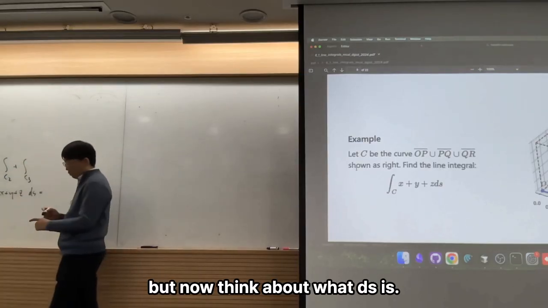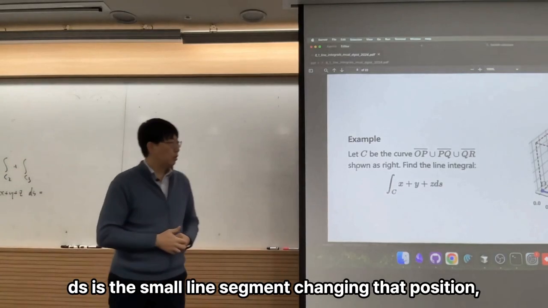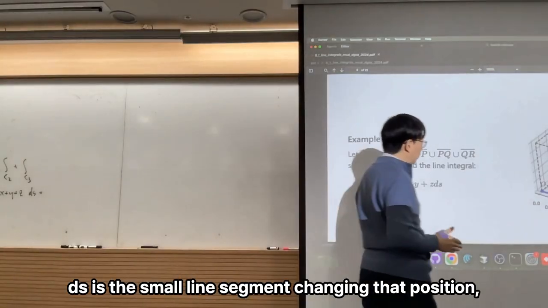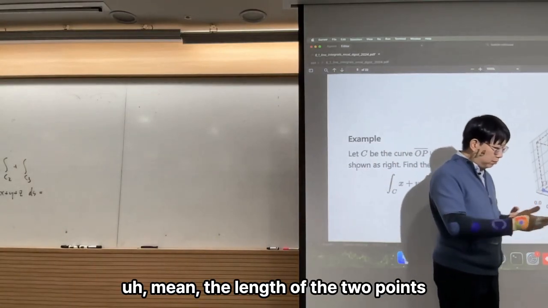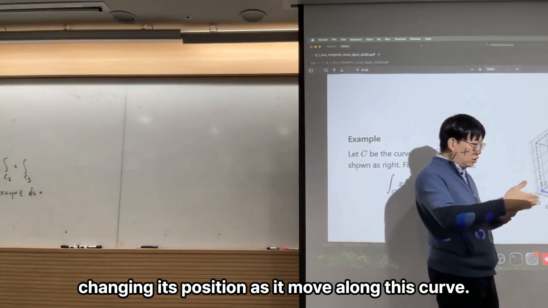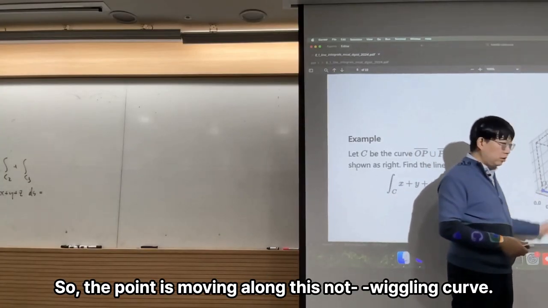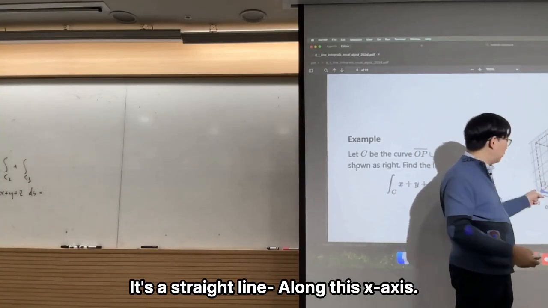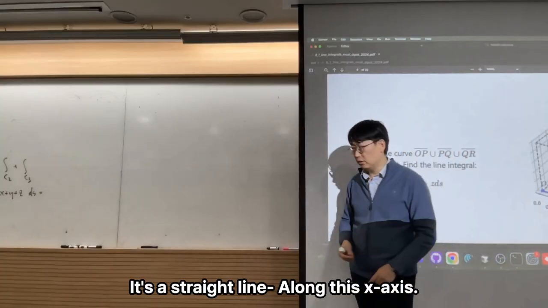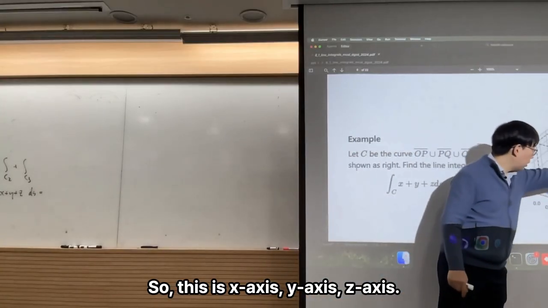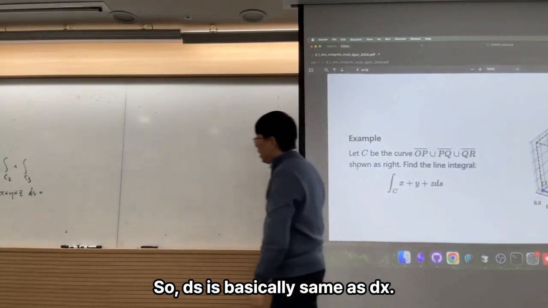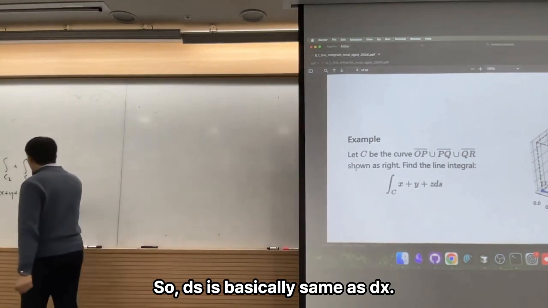But now think about what ds is. ds is the small line segment, the length between two points changing its position as it moves along this curve. The point is moving along this not wiggling curve. It's a straight line along the x-axis. So this is the x-axis, y-axis, z-axis. So ds is basically the same as dx.